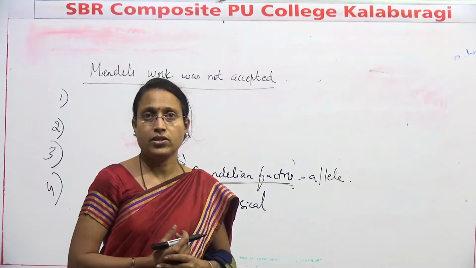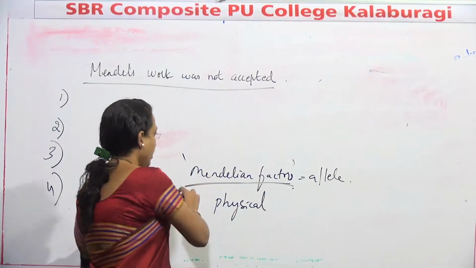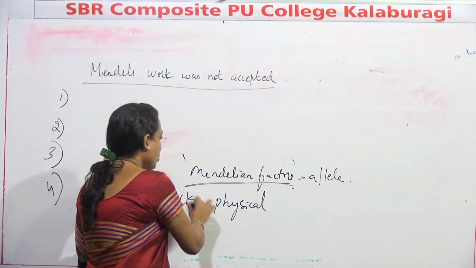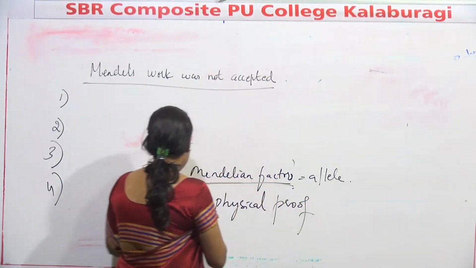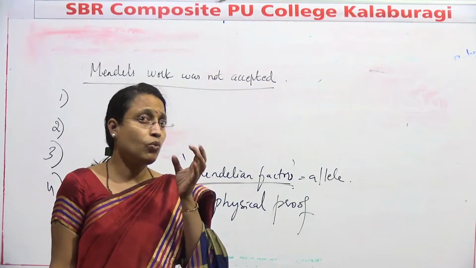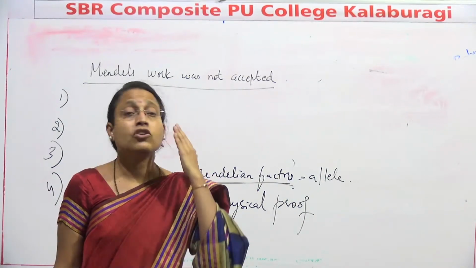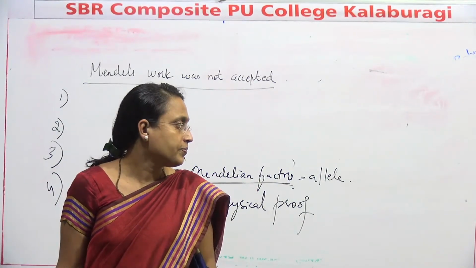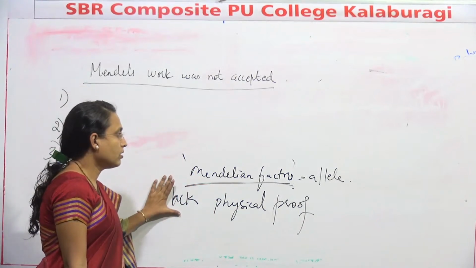So, lack of physical proof for the existence of the factor. Where that factor is exactly present, he was not able to prove it.